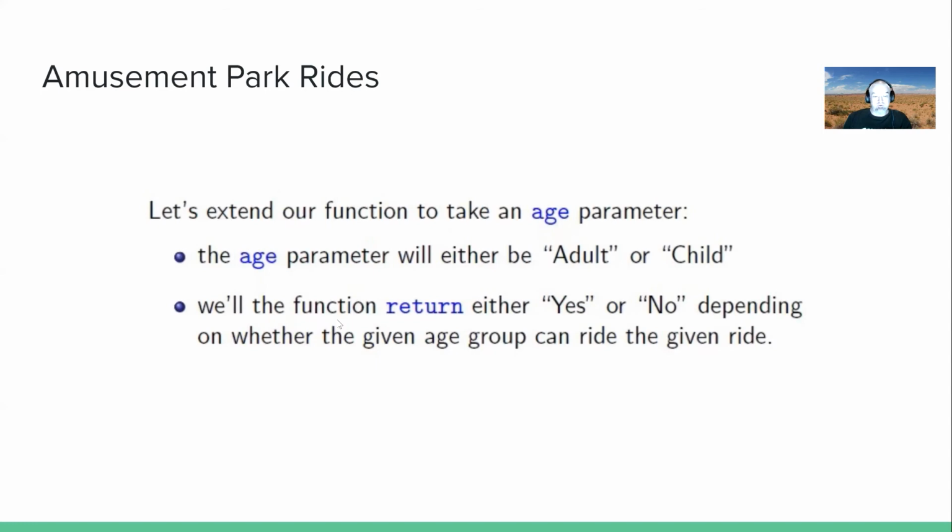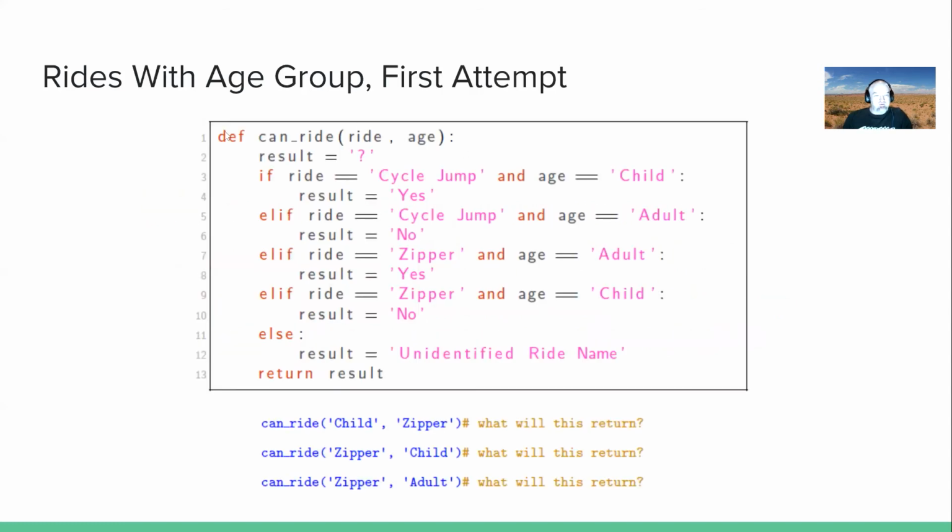The function will return either yes or no, depending on whether the given age group can ride the given ride, right? So that function could look like this, where the canRide would have two parameters: the ride, the name of the ride, and age, the age of the person.